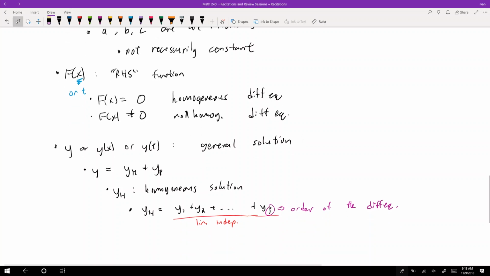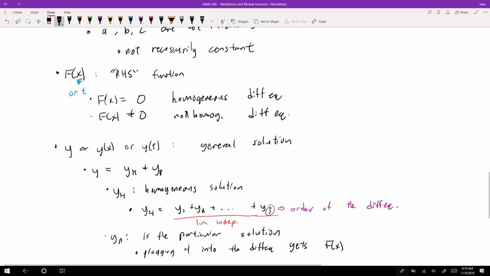Yp is the particular solution. What does that really mean? It means that if you plug it into the diffeq, you'll get f of x.